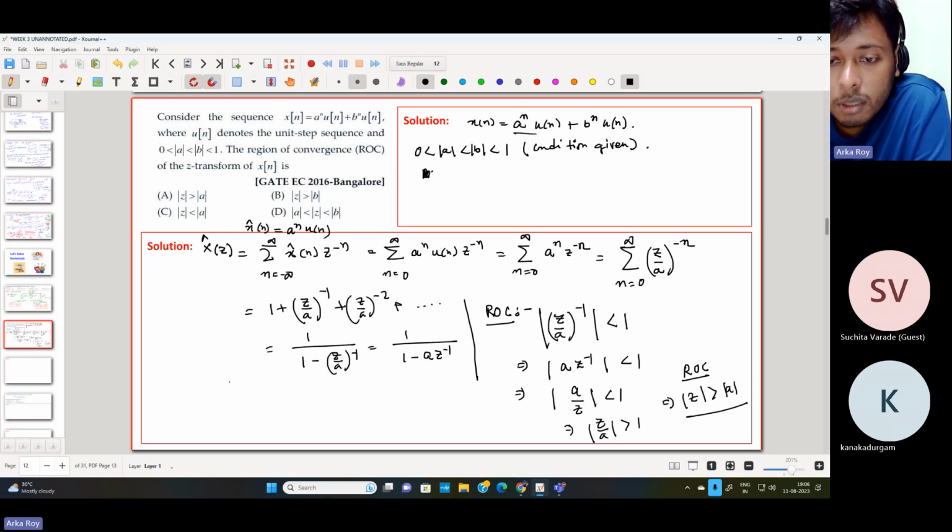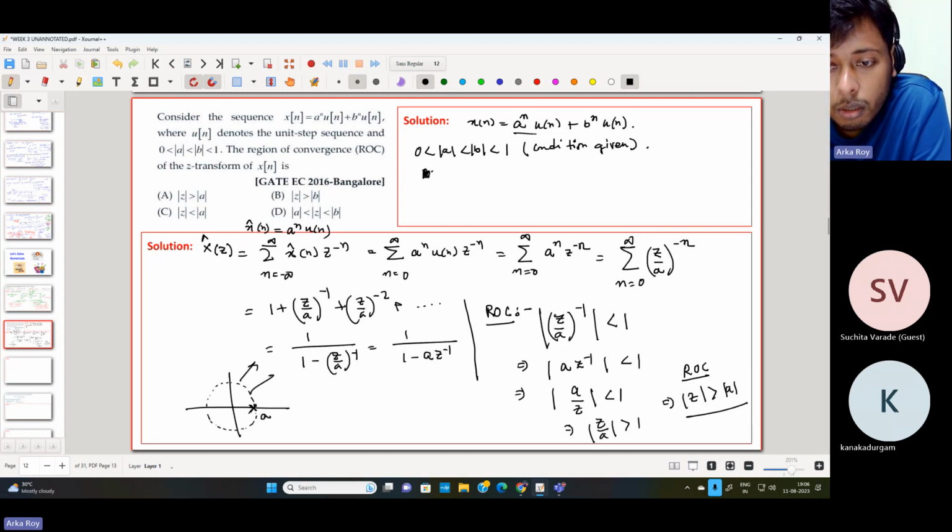And because this is a right-sided sequence, let us consider this is the point a.